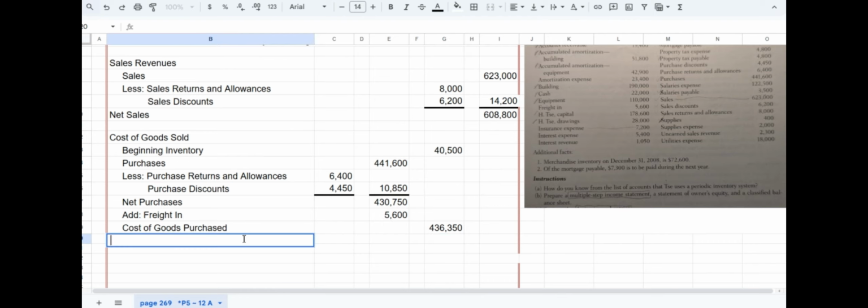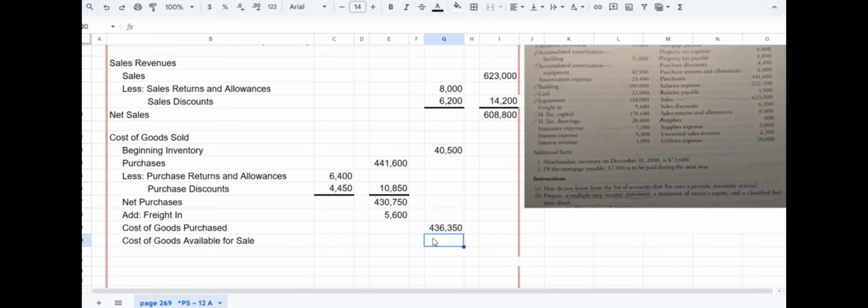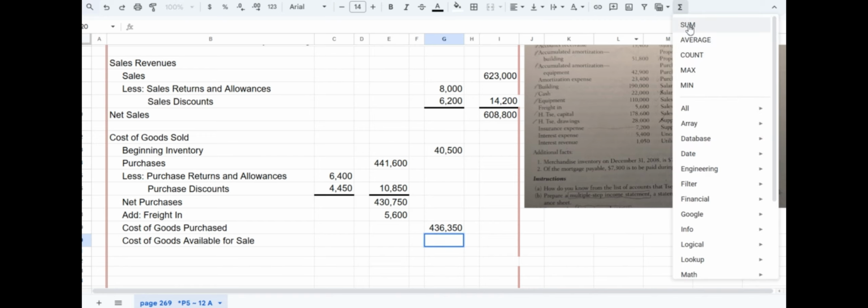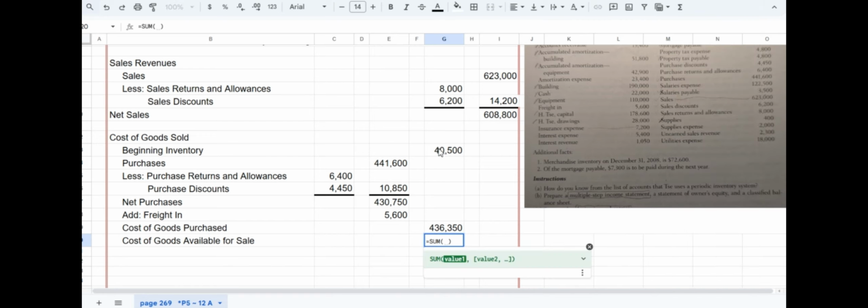So what I'm doing now is adding the net purchases and the freight in. So now we can calculate the cost of goods available for sale. And that's going to be the beginning inventory plus the cost of goods purchased, because this represents everything that we have that is available to be sold.